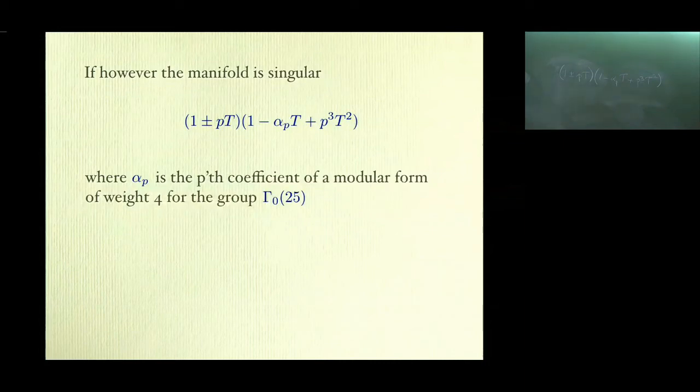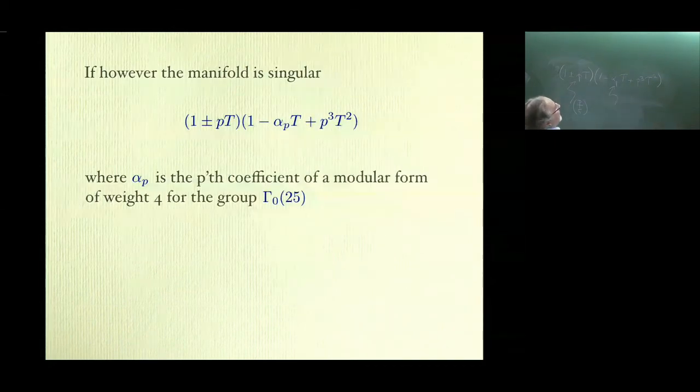This plus or minus turns out to depend just on whether p is a square mod 5 or 5 is a square mod p. So that's a fairly straightforward factor.